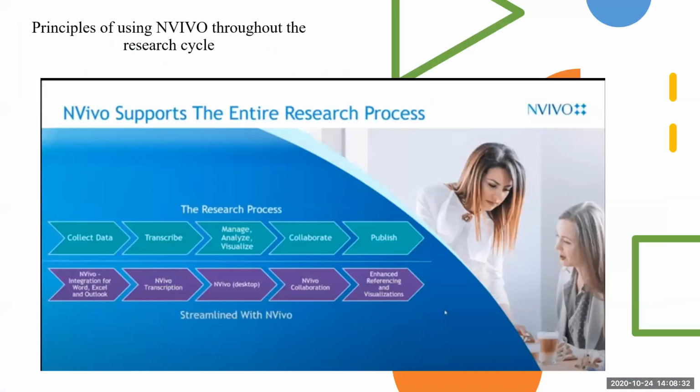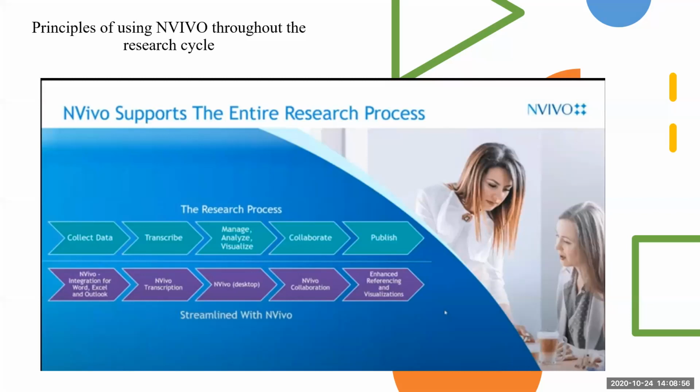The new NVivo provides us with different abilities. Some of these features will be covered in this essentials workshop, and for others I will give you sources that you can access, so you will know more about them, because they are connected to other external programs or extensions to NVivo.